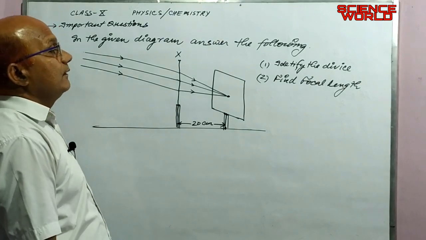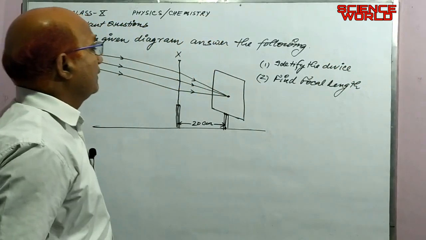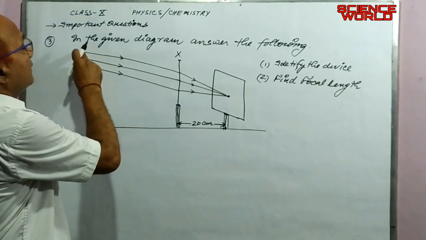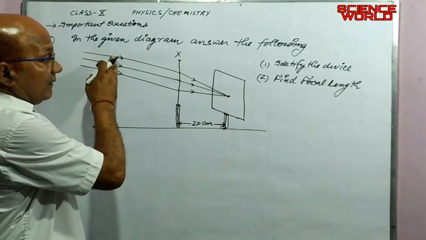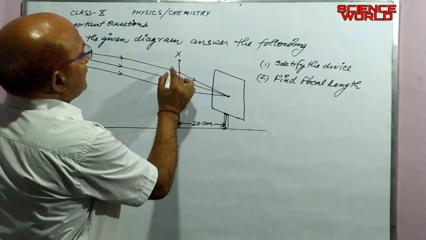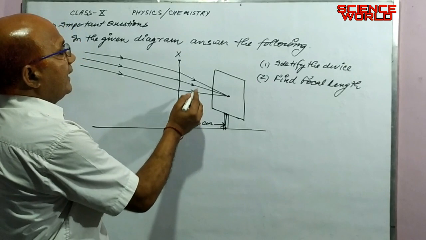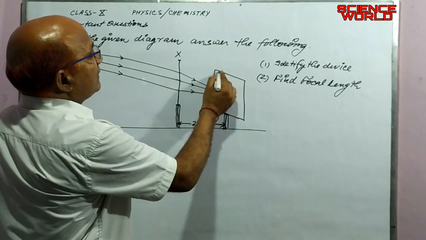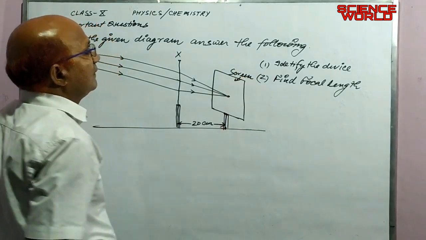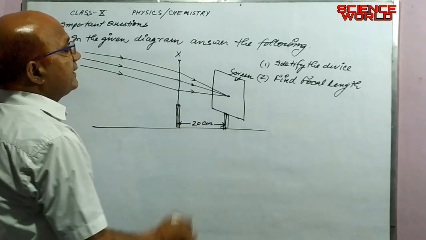Now, let us see what is about the device. As you can see, these are the rays of light coming parallel, and they are coming from infinity. These rays of light pass through this device and they meet at a point, and this is the screen. So, on the screen, these rays meet at a point.